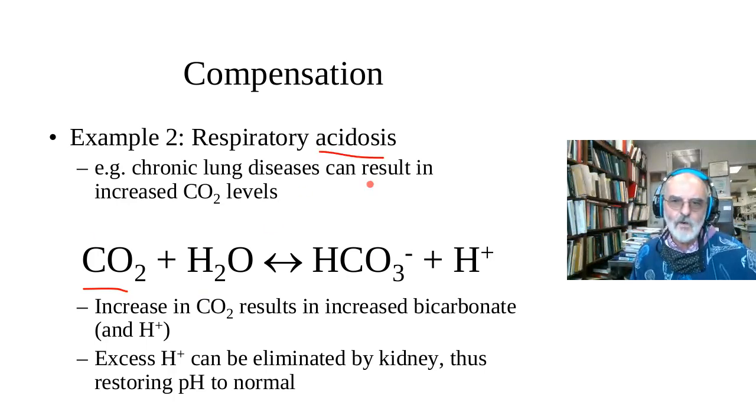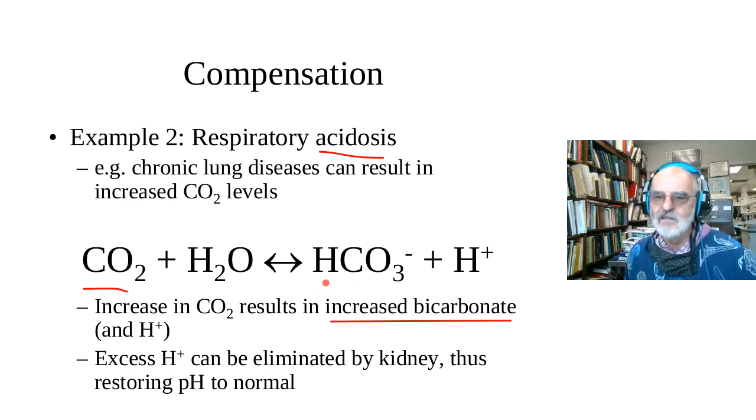You have acidosis. Over time, what happens is the bicarb concentration goes up, and the bicarb concentration increases to help restore the pH to normal, to help to compensate for the change in the CO2. So you have increased CO2, you will end up with increased bicarb caused by the kidneys reabsorbing more and more bicarb.